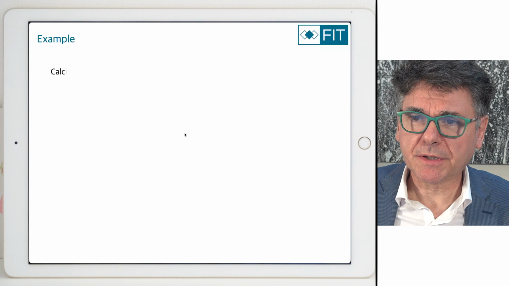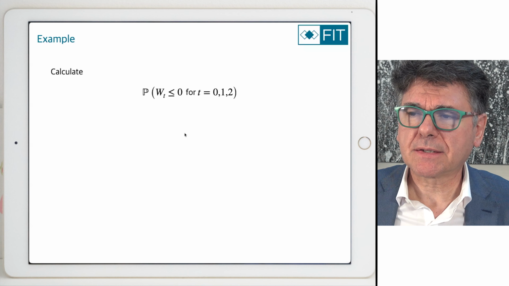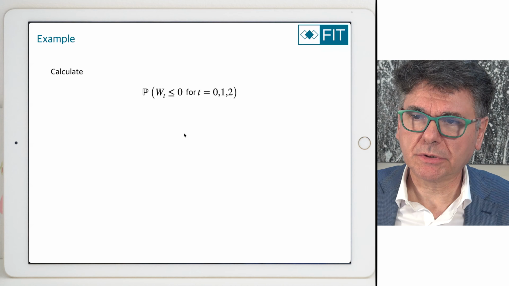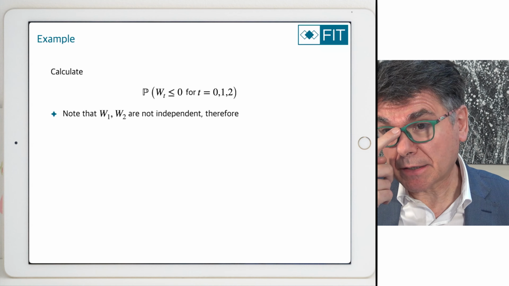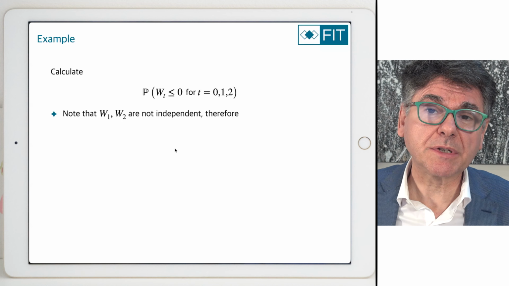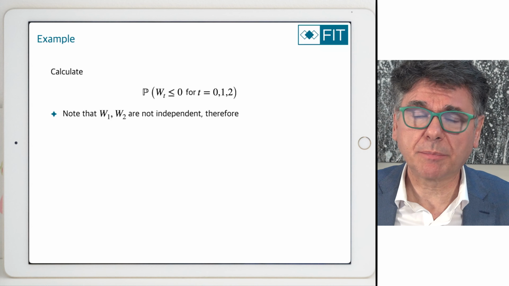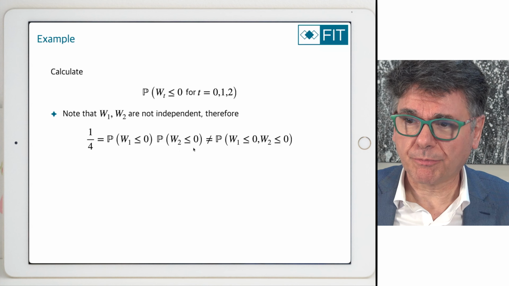More difficult than that is, let's calculate the probability that a Brownian motion is negative both at times 1 and 2. What's important to note here is that a common mistake is to think that Brownian motion at time 1 and at time 2 are independent, but that's actually not true.